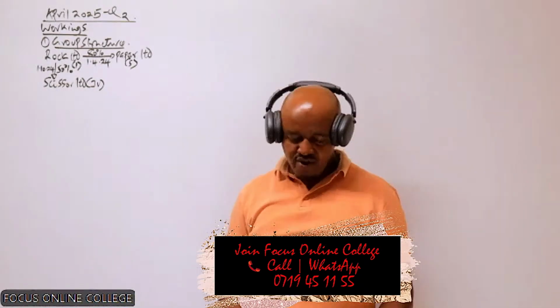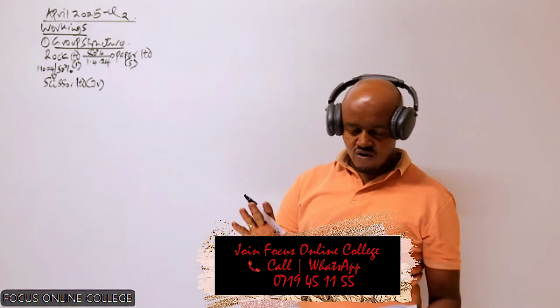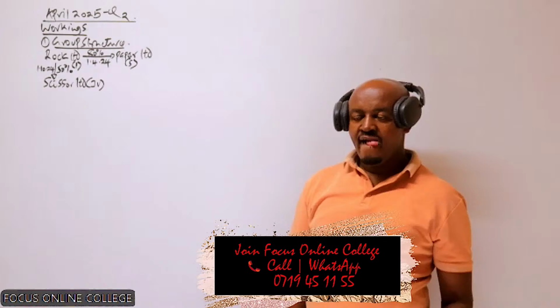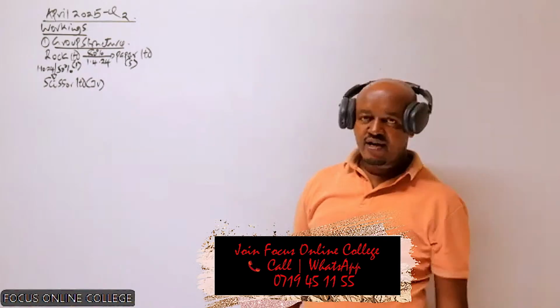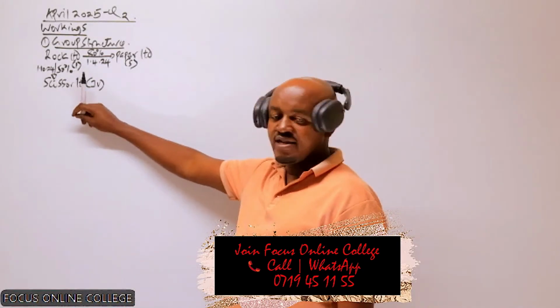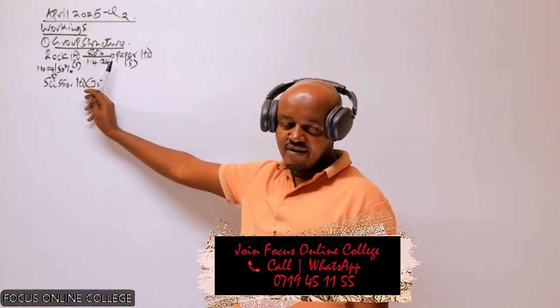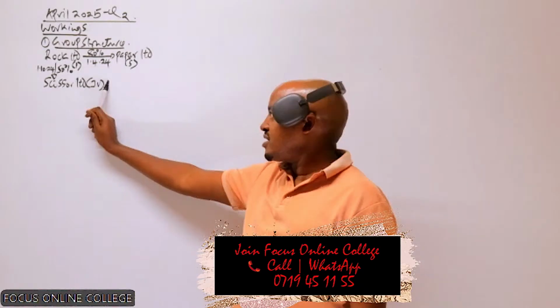So if we go to the requirements, therefore, we are required to prepare the consolidated statement of profit or loss, consolidated statement of financial position. So in preparing those consolidated financial statements, we will add similar items of assets and liabilities, those of the parent, those of the subsidiary. That does not apply to the joint venture.